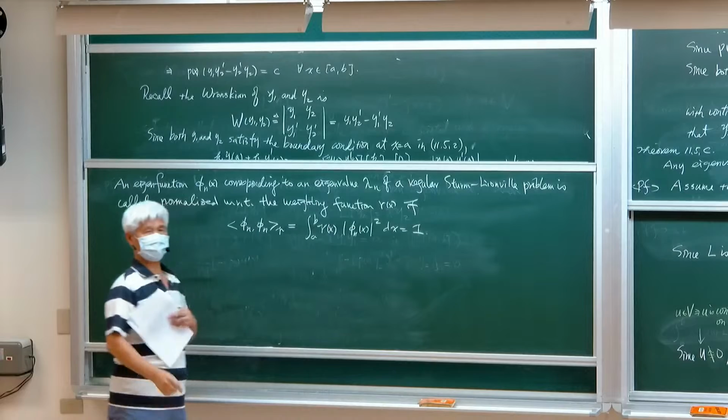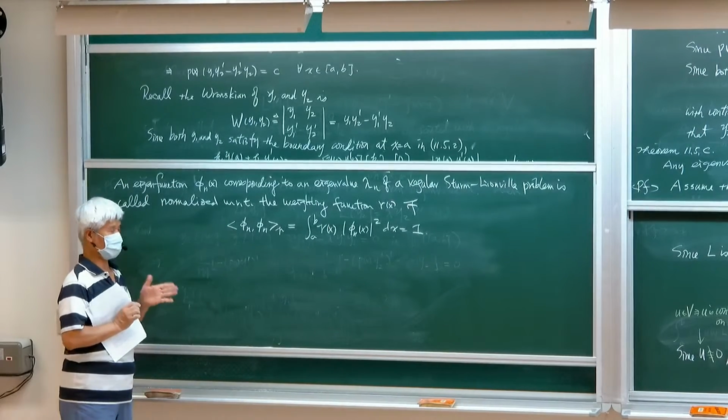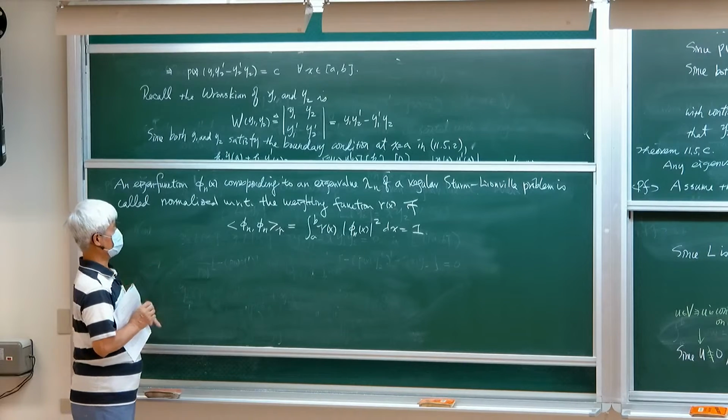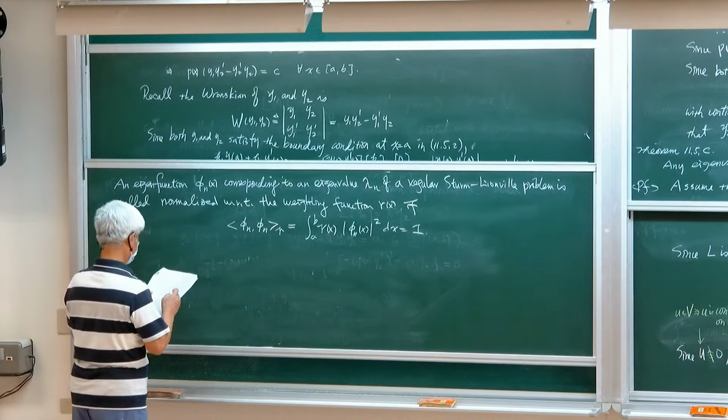That means that the length of phi n is equal to 1 with respect to the weighting function r of x.